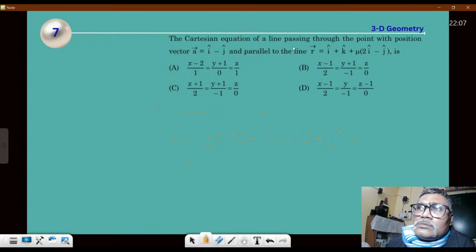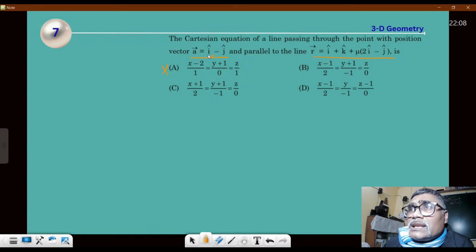Cartesian equation of the line passing through the point with this position vector and parallel to this vector. So you can directly do it. Passing through this point means for x it is x minus 1 and then y plus 1. So you check where x minus 1 and y plus 1 are. It is not possible directly because it is passing through this, right?